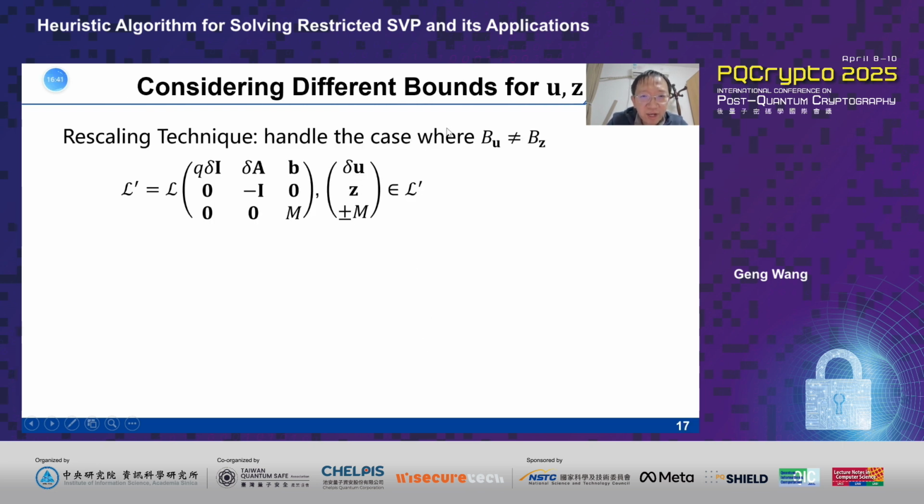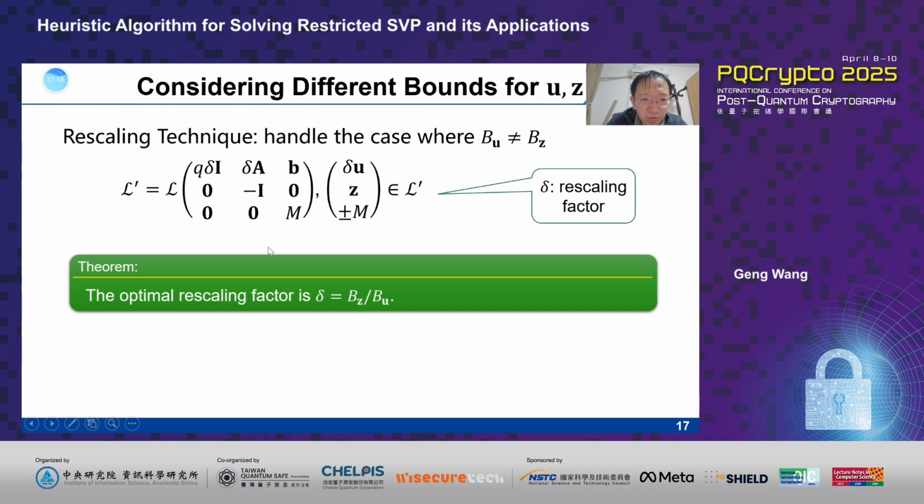But if we consider different bounds for U and Z, we can remove the conservativeness in the DSM estimation. For the conservative one, we consider the larger bound between BU and BZ, but for the non-conservative estimation, we consider the different, or exact, bound for both U and Z. To solve this problem, we can use the rescaling technique, which is also used in solving LWE, to turn the two bounds into the same bound.